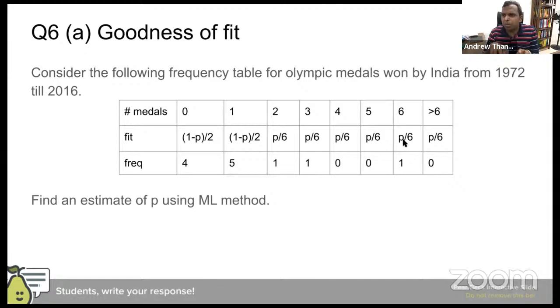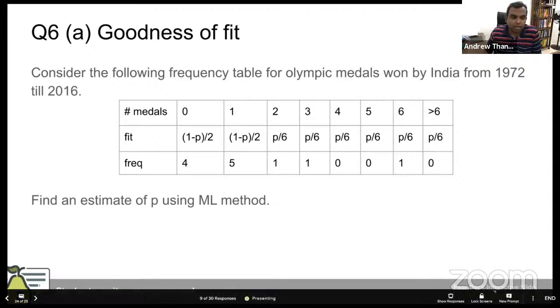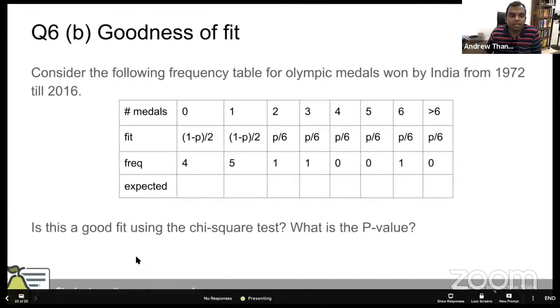Whenever you have p to the power 3, (1 minus p) to the power 9, the ML estimate is direct: 3 by 3 plus 9. You can work it out using log and differentiation. It'll be 1 by 4, 0.25. So that's a quick way to arrive at this answer. Always imagine the sampling, you'll get that. Okay, so the next thing is, is this a good fit?